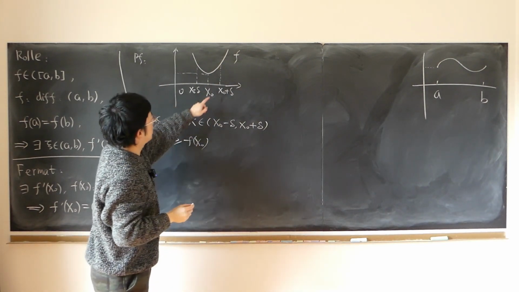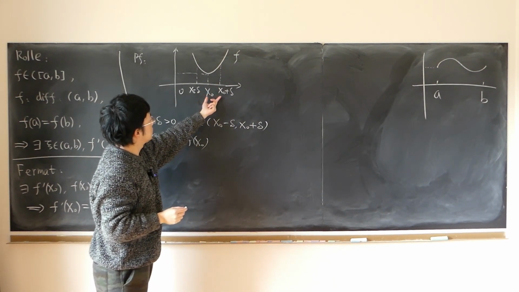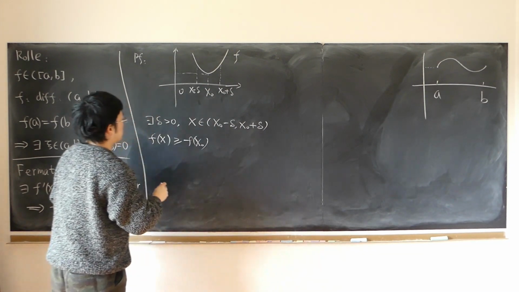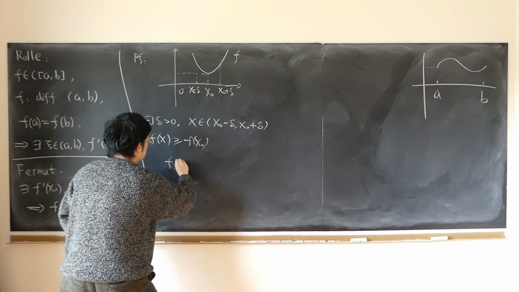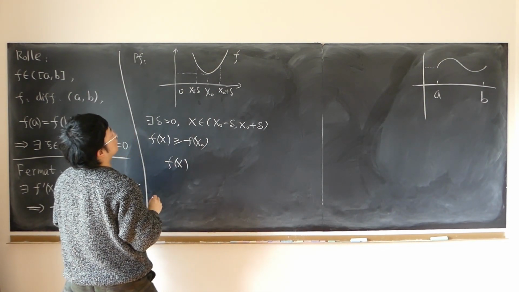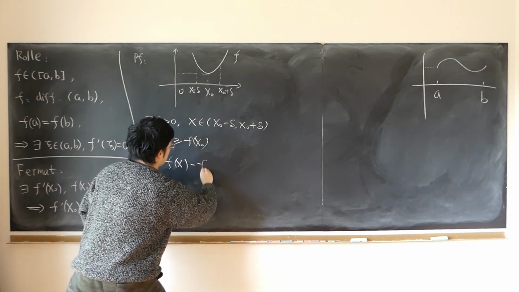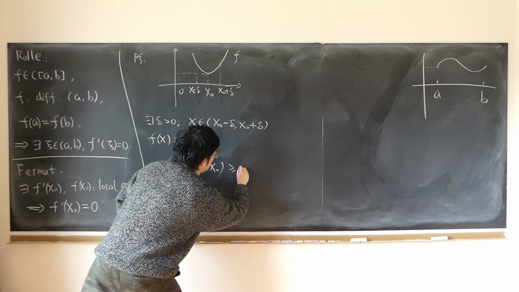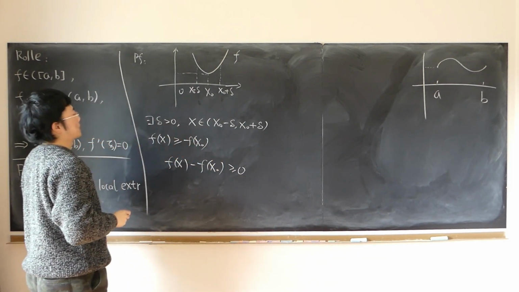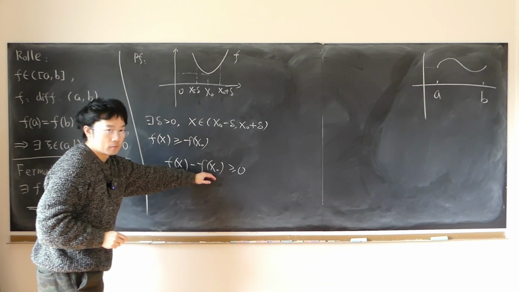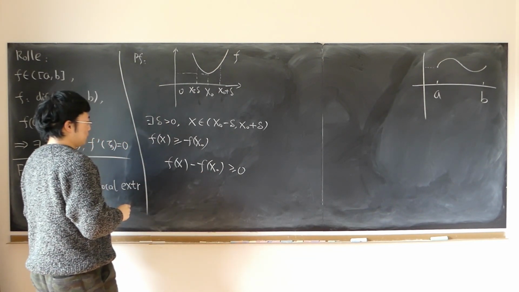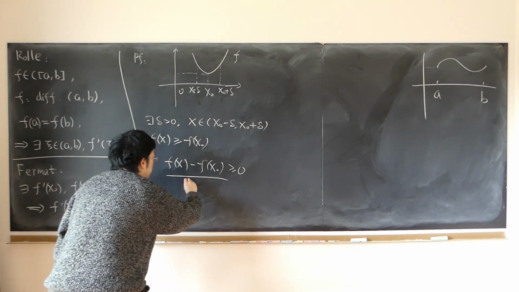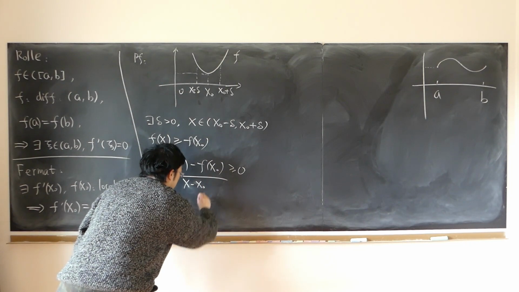If we approach from the right-hand side, if x lives inside this half of the open interval, then f(x) minus f(x0) is clearly non-negative, since f(x0) is already the local minimum. And plus, we also have x minus x0.